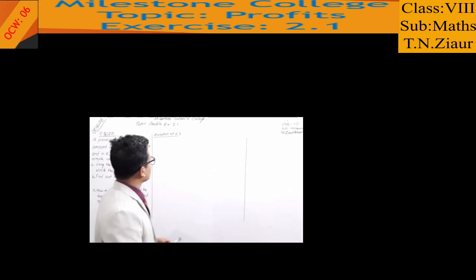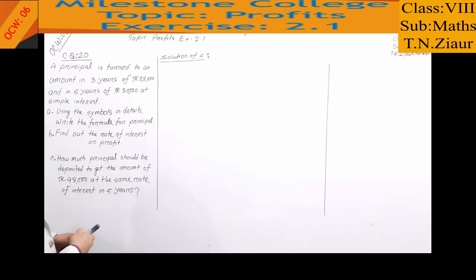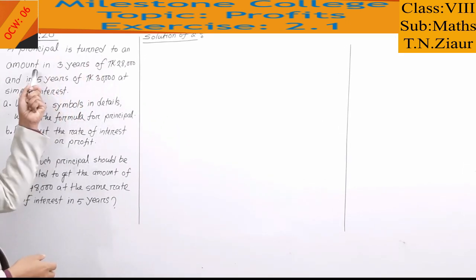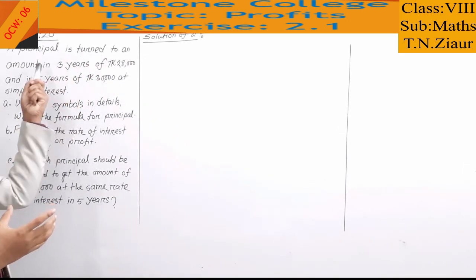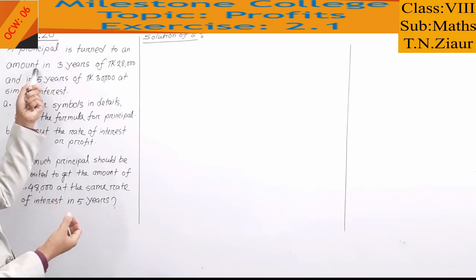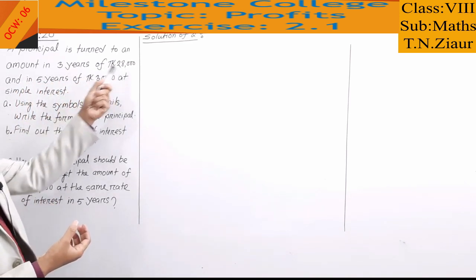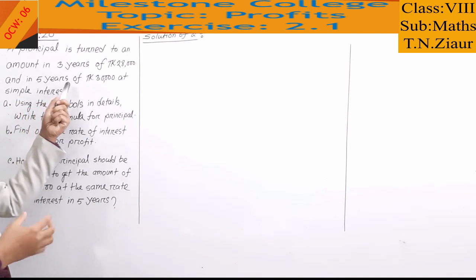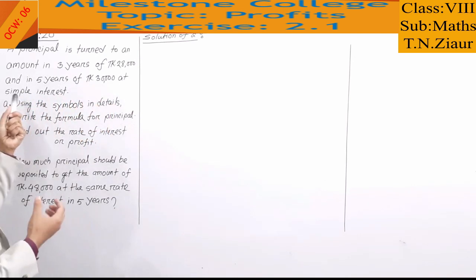Now my dear students, now we have to solve CQ number 20. A principal turns to an amount in 3 years. Here amount means profit plus principal. So amount in 3 years is taka 28,000 and in 5 years is taka 30,000 at simple interest.